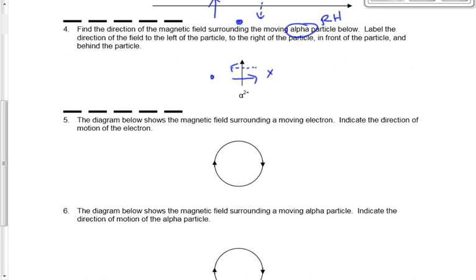Electron. Indicate the direction of the electron. Ooh, this one. All for D. Here it is, you got your fingers swirling through the thumb.